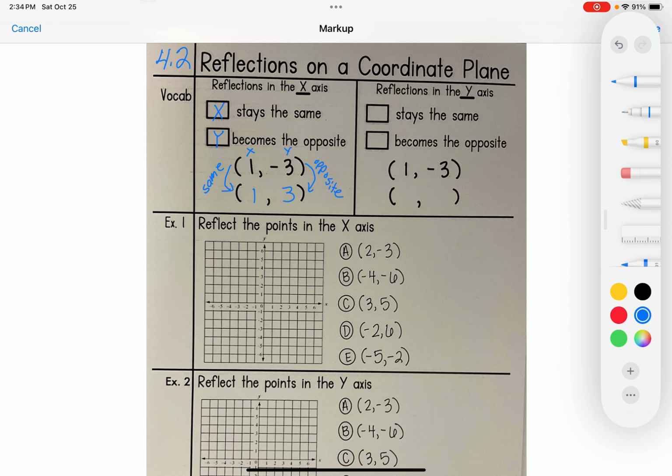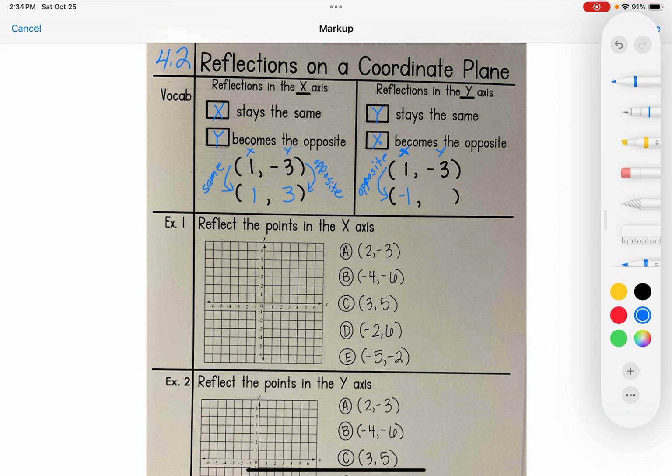Okay, if you have reflections in the y-axis, the y stays the same and the x becomes the opposite. So again, the first number is always the x, the second number is always the y. So in this case, if we're reflecting over the y-axis, the vertical up and down line, the x would become the opposite.